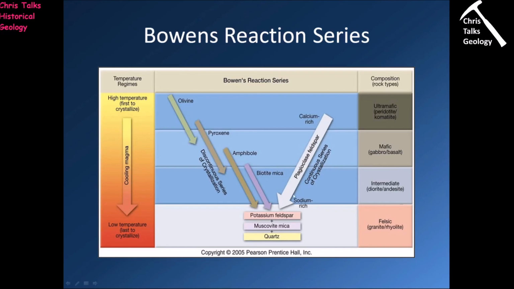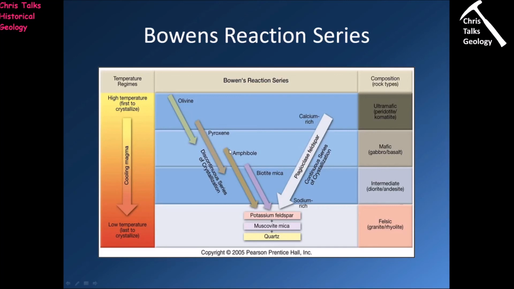We'd expect lots of plagioclase feldspar, this time more towards the sodium end of the scale. Quite a lot of biotite, quite a lot of amphibole, and maybe under certain rare conditions a little bit of pyroxene sneaking in as well. And then at this end of the scale, at the felsic end, we have potassium feldspar, muscovite and quartz, and maybe a little amphibole, biotite or sodium-rich plagioclase feldspar can sneak in as well.